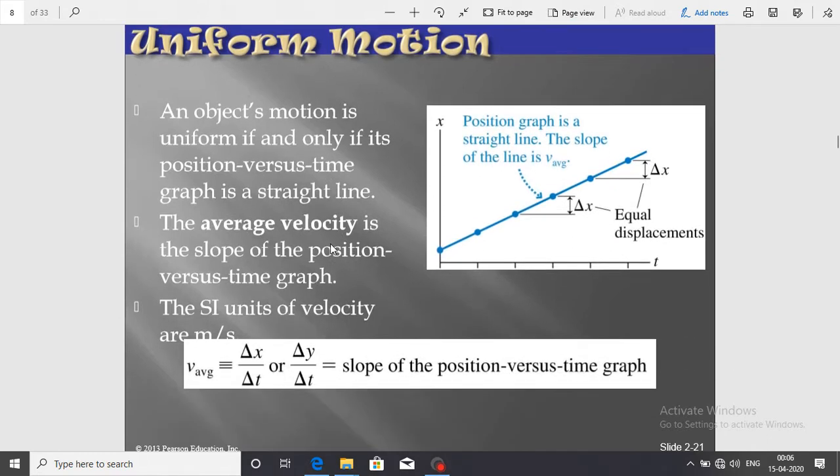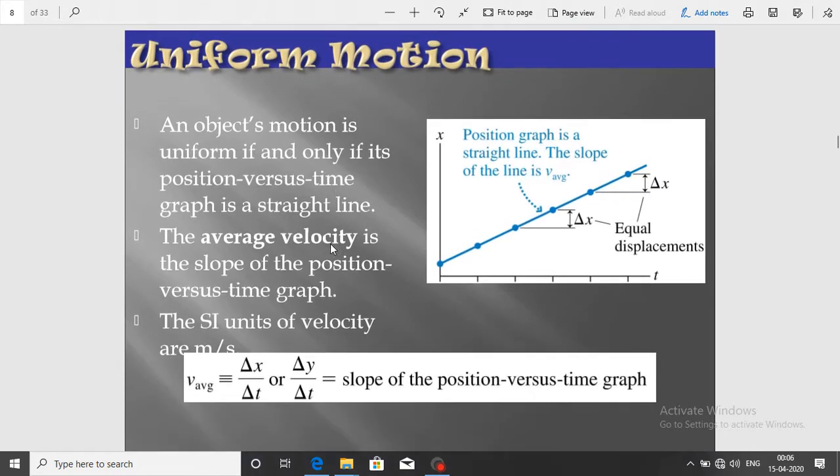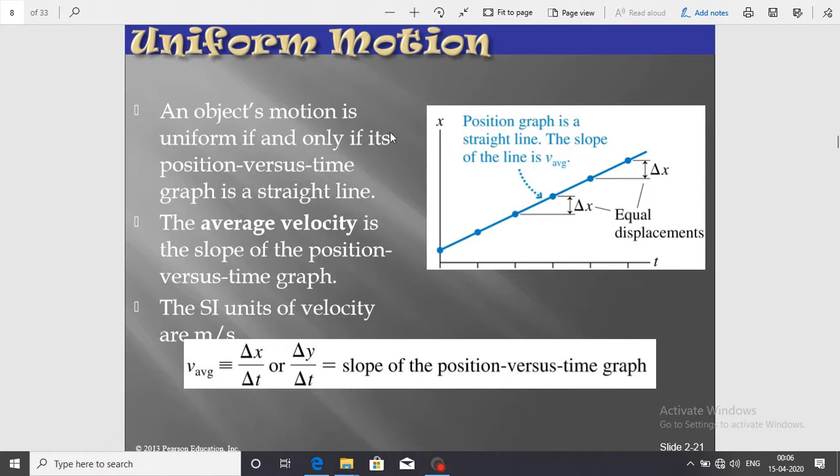Students, this one is the graphical representation of uniform motion. You can see in this diagram, this is the graph plotted for uniform motion of an object that started with some position.